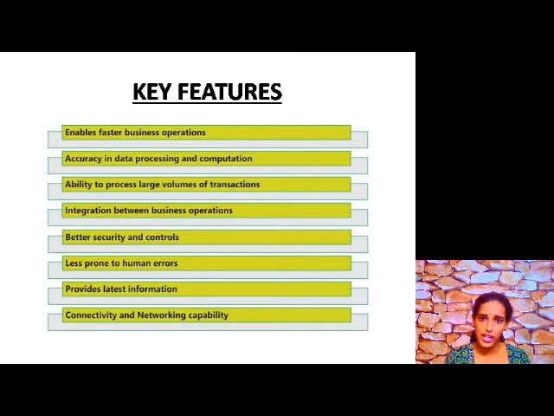Say for example, in an authorization or invoice, any one point I could just overskip or miss out. Whereas in a manual environment, when I'm doing the posting, there could be an error within the different types of accounts. I could do a wrong posting, I could do some kind of errors while carry forward, arithmetic errors, anything could be there. But in an automated environment, all these are done with the help of computers, so it is less prone to human errors.